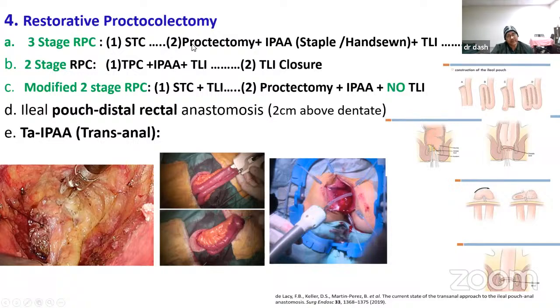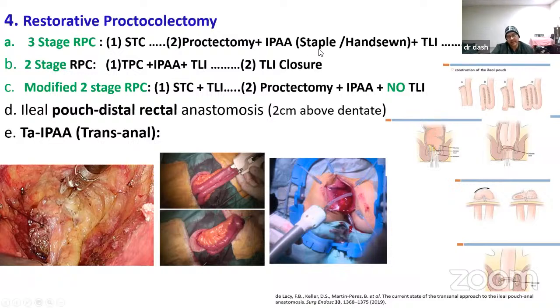And in second stage, after 3 months, remove the rectum and then make a pouch out of 30 centimeter of the terminal ileum and join the pouch to the anus near the dentate line, either by hand-sewn method or by staple method. The difference between hand-sewn and staple method is that in hand-sewn, you can do a little bit of mucosectomy and directly, really under vision, join the pouch to the dentate line without any leftover mucosa intervening.